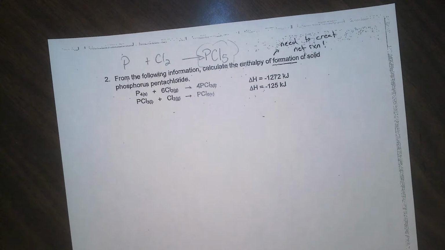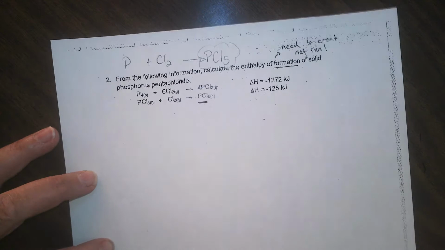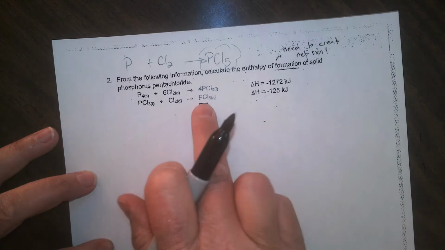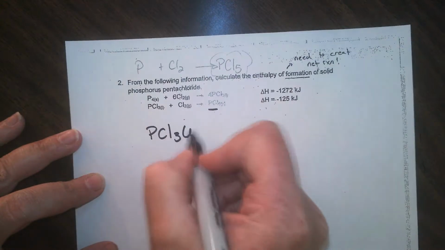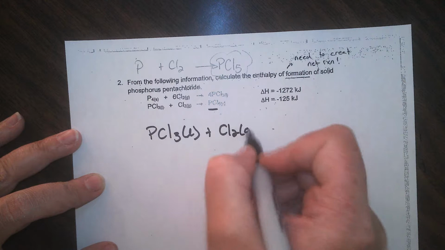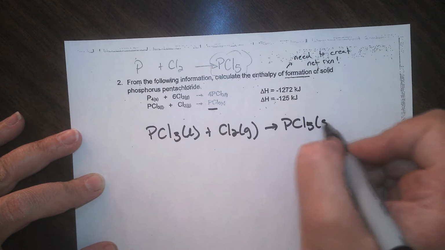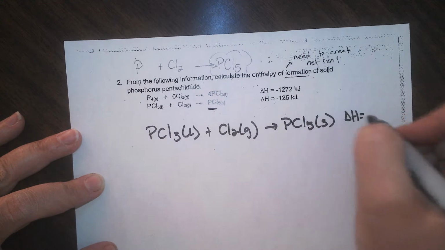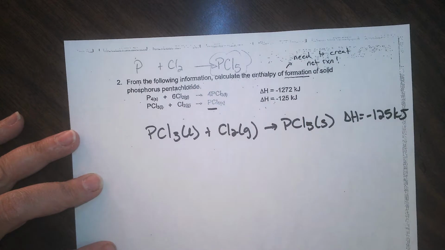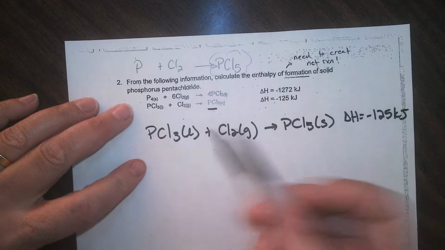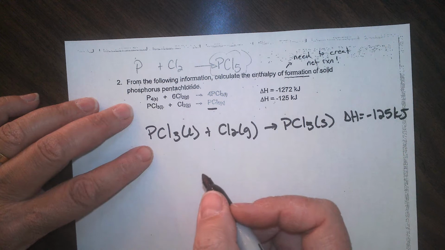Okay? So I know that I need this one here to go in the forward reaction because this is the product that I want. And now I need it such that I don't have to deal with this phosphorus trichloride.